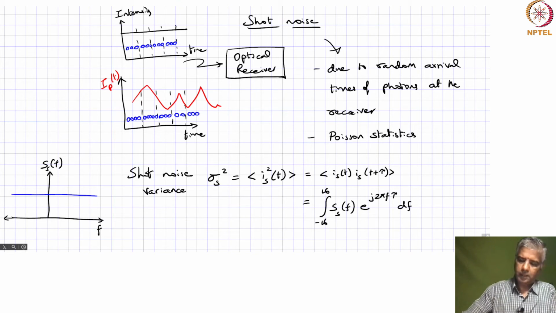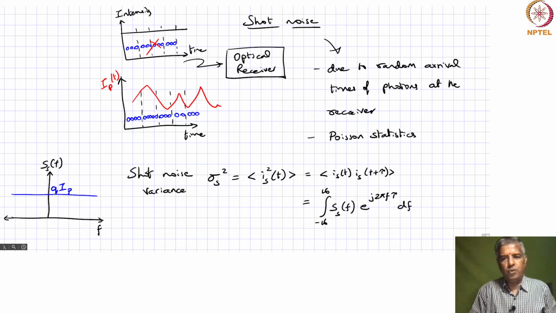Like I said, the mean number is not the same, it's varying as a function of time, and the corresponding power spectral density has a value given by q times I_P, where I_P is the photocurrent that we are generating. So the more photocurrent we are generating, or the more photons incident on the photodiode, the more will be the corresponding variance.